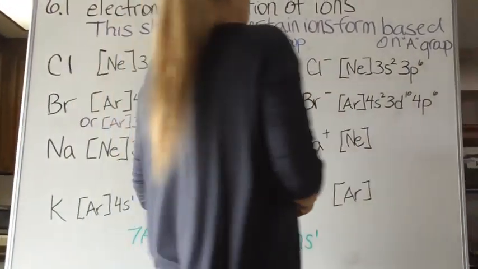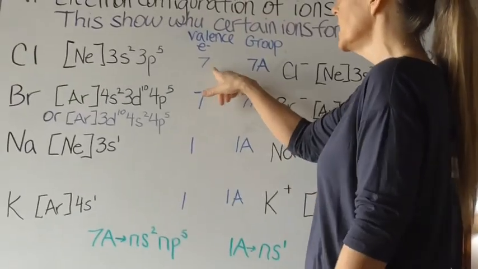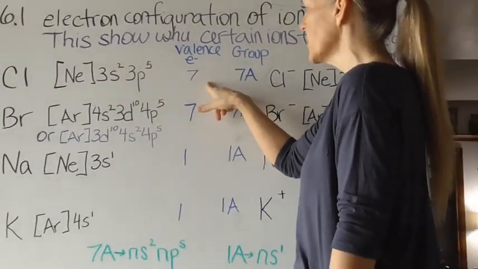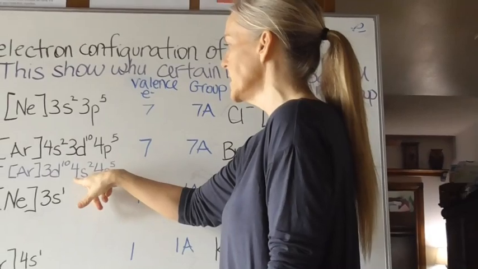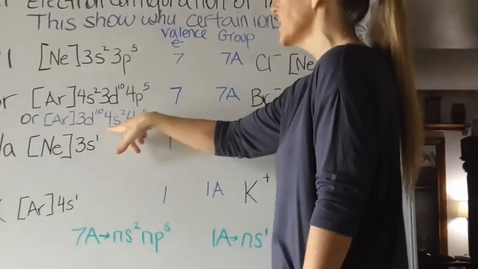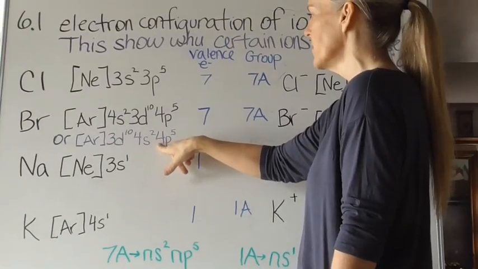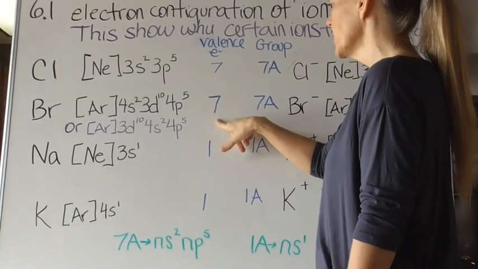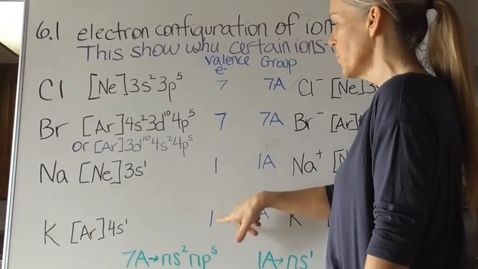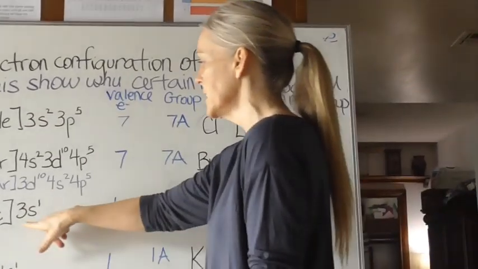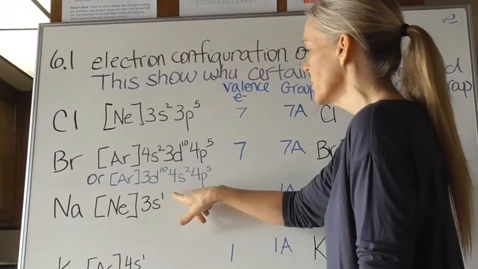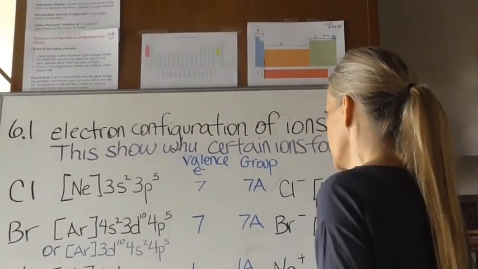So coming over here, we talked about these both have 7 valence electrons, and again, it's easier to see here because that's the highest principal energy level. These both have 1 valence electron because in their highest principal energy level, they only have 1 electron.